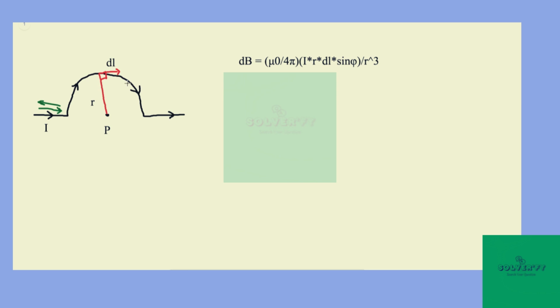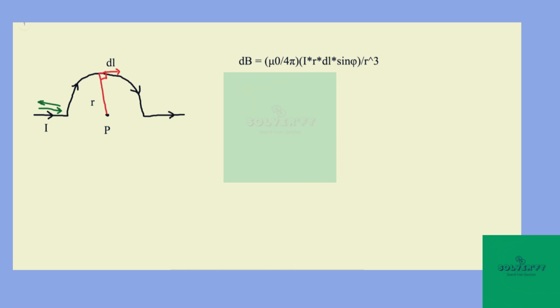Now in this semicircular section, when we look at dL at any point, it's going to be tangent to this semicircle. And then r is going to be along the radius of the circle. So dL and r are going to be perpendicular at every point in the semicircle.